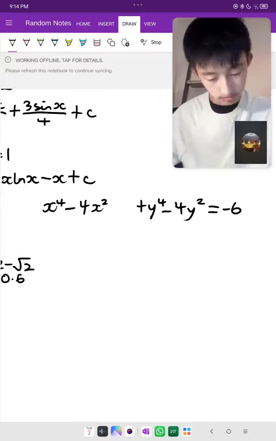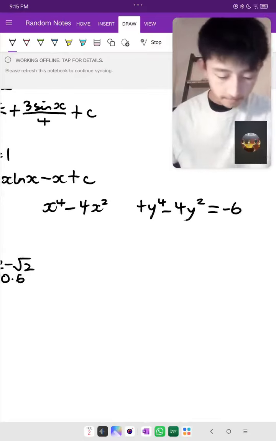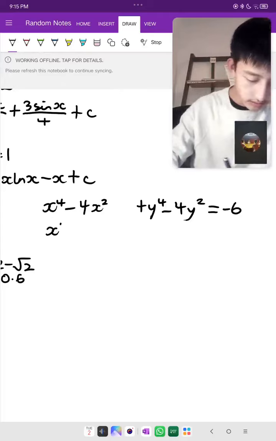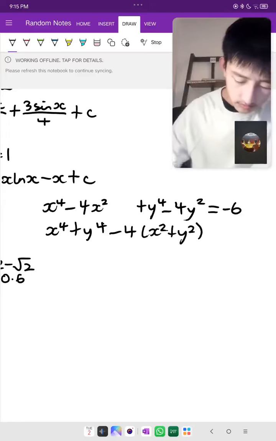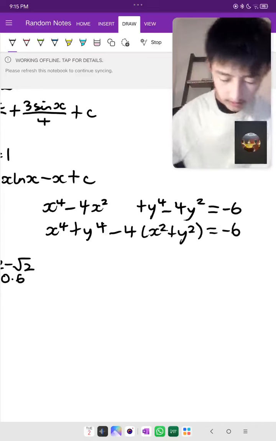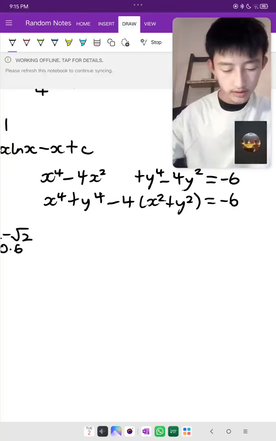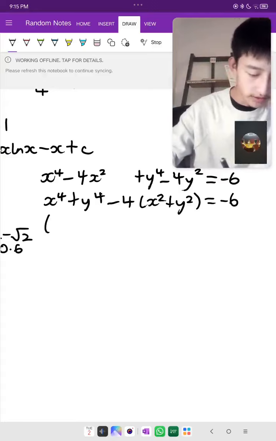Well, there's no point in completing the square on these two expressions because I'm just going to get back to what I had. I could consider x to the 4 plus y to the 4 minus 4 times x squared plus y squared is equal to minus 6.